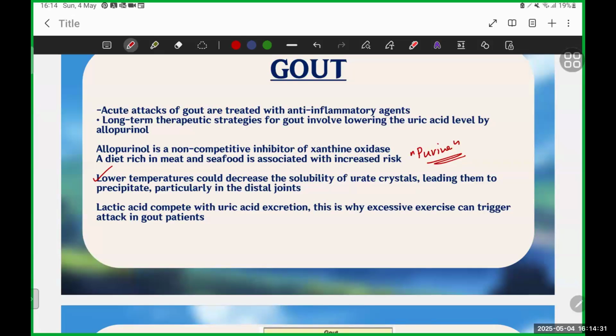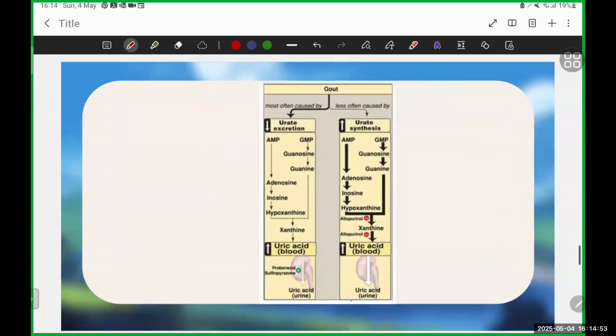Now imagine you're exercising and then you go for a meal that's just meat. That's going to be really bad, because then you have to degrade the whole purine load, but your lactic acid is competing and lactic acid wants to leave first, and then your purine gets mad and goes, all right, I'm going to go to your joints and I'm just going to stay there. Okay? That's what you get for neglect. All right.